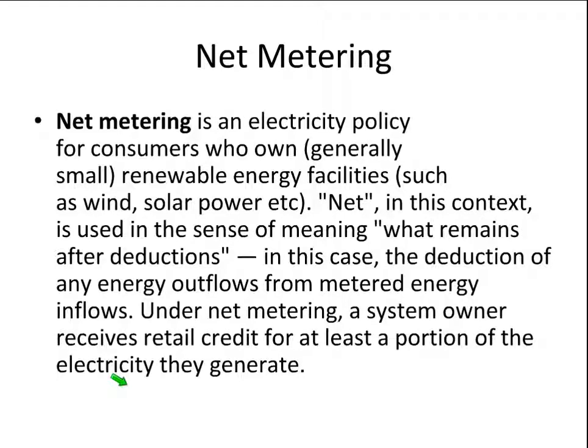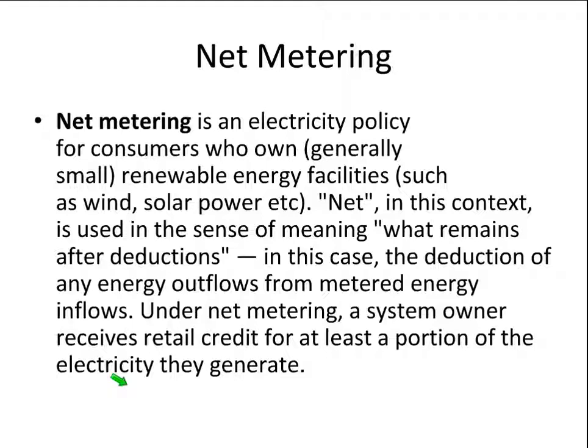Now, there are many states that are adopting regulations and laws that we call net metering. There are different ways to describe it, but one way is to say that you're able to take advantage of some of the electricity that you're producing, you're getting credit for at full retail rate.